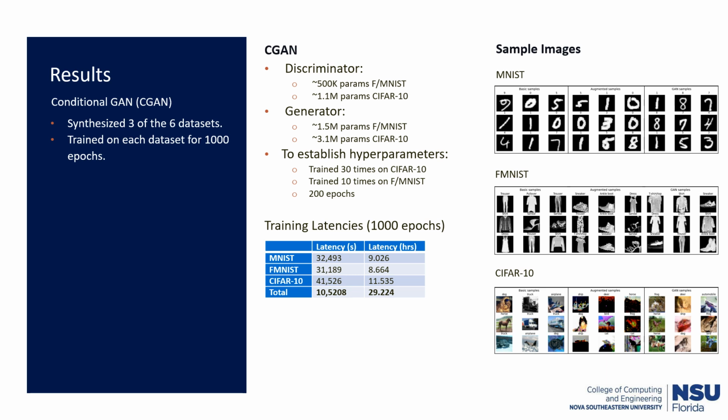And at the end, these are the synthesized samples. From these examples, you can see the synthesized samples are very close to the original samples for MNIST and FMNIST. For CIFAR10, some of it looks close, some of it may not be exactly matching the original dataset. So these were some of the hyperparameters used for training the GAN initially.